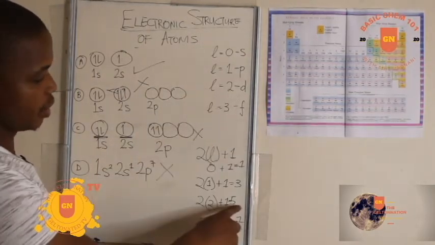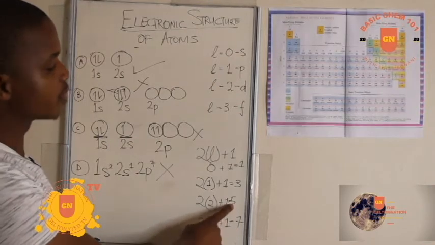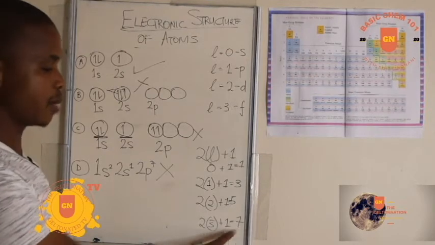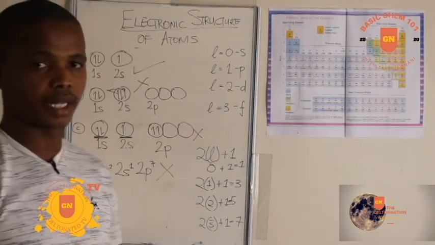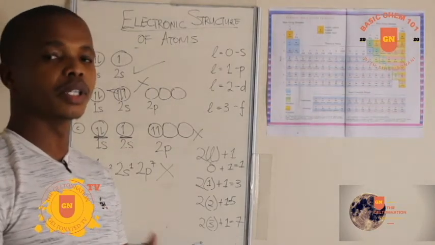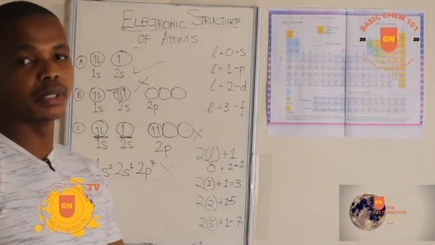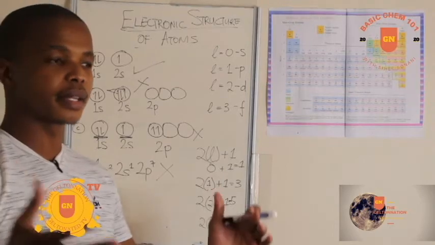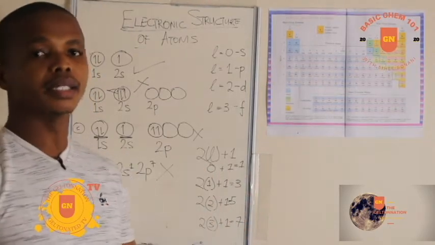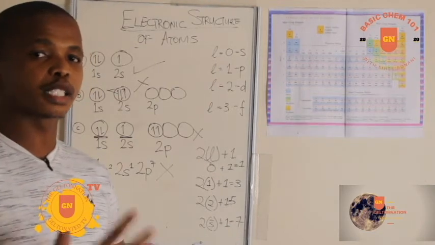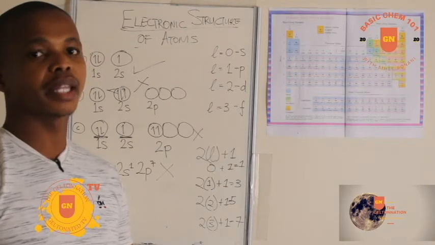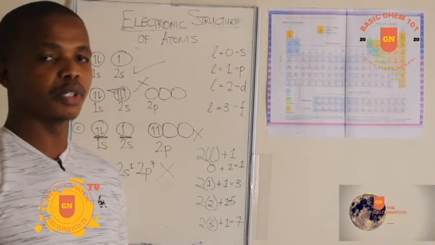And then for the d subshell, I can have a maximum of 10 electrons. Then for the f subshell, I can have a maximum of 14 electrons. So that is how you know how many electrons you can put in a subshell. And for today, we can stop there, and that is the explanation of the Pauli exclusion principle and the application of the spin quantum number.